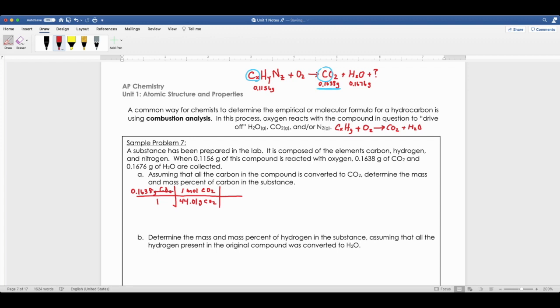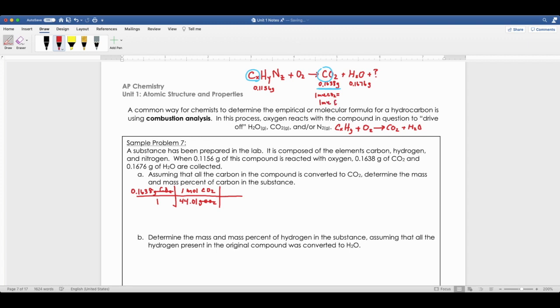That cancels out grams to grams. What I can do at this point is look at the mole ratio. So, 1 mole of CO2 contains how many moles of carbon? If I look at my formula for CO2, 1 mole of CO2 contains 1 mole of carbon, because there's only 1 carbon in CO2.